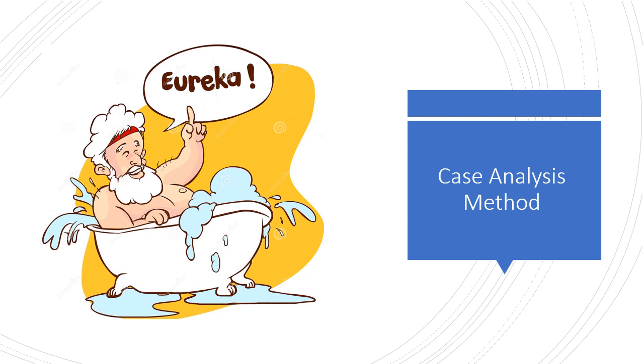The method of case analysis is linked to the study of scientists' reports on their scientific discoveries. This method focuses on developing the student's ability to use scientific thinking and problem-solving skills.